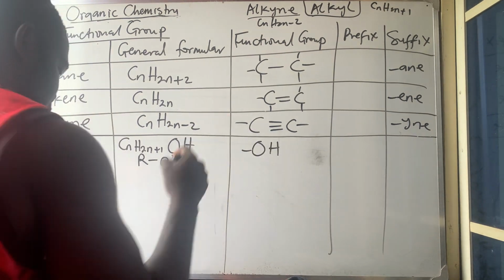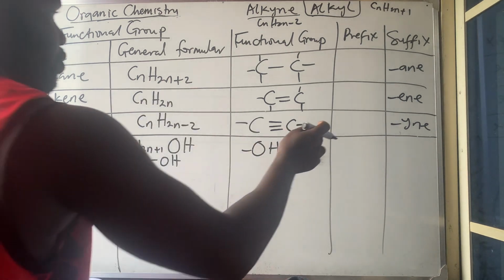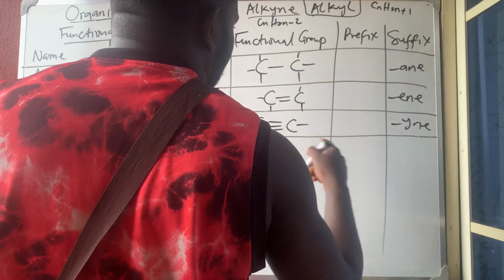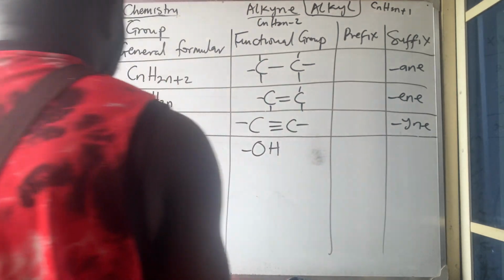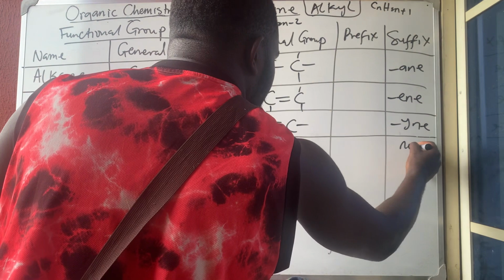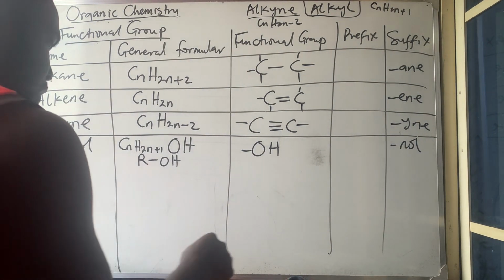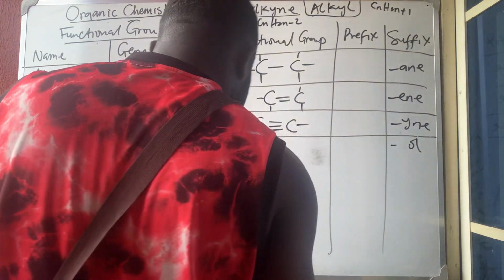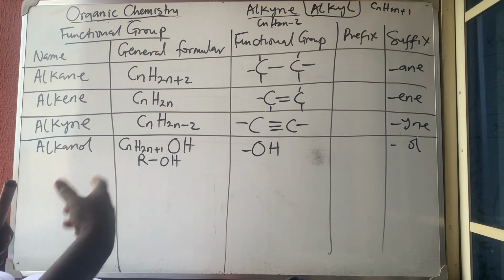They are not used as prefix here; they are used as the suffix as well as a parent name. So it is "ol", O-L, like pentanol, hexanol, and the rest of them.